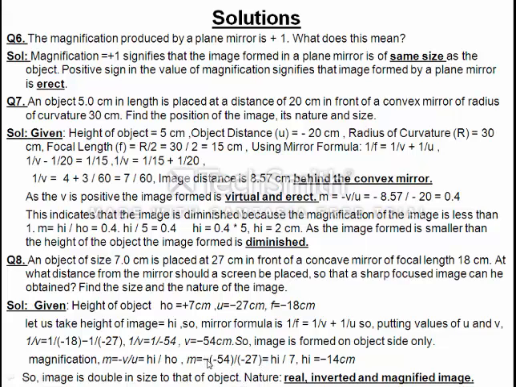And one minus is here also, don't forget. So it will cancel, it will become 2 into 7, that is minus 14 centimeter. So Hi will be minus 14 centimeter. Ho is 7 centimeter. So we see here that Hi is greater than Ho.